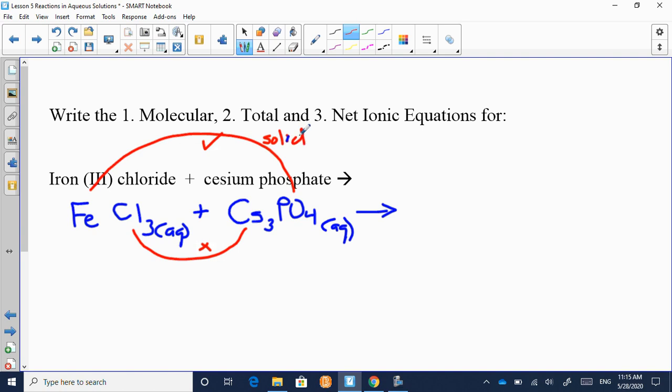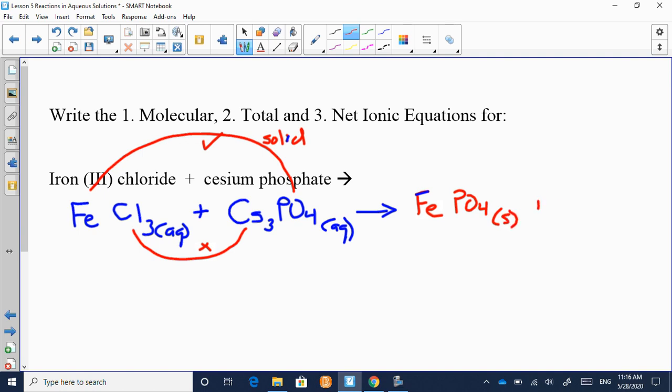Now, I didn't do any in this lesson that there was no reaction, but just remember in your homework, some of them will both be X's and you'll write no reaction. But here we go. Okay, so I'm going to write, it's Fe, and it's +3, and PO4 is -3, so that's a nice one. We don't need any subscripts, and I'll write solid.